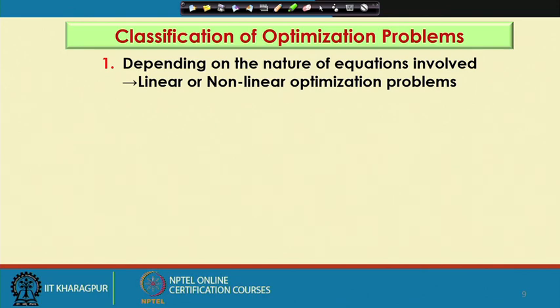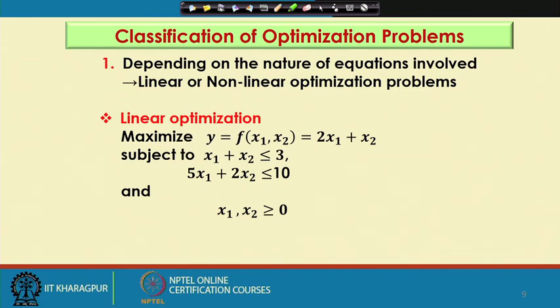One is called the linear optimization problem, another is called the nonlinear optimization problem. By linear optimization problem, we mean that both the objective function as well as the functional constraints should be linear functions of the design variables. For example, here, our aim is to maximize y as a function of x1 and x2, that is nothing but 2x1 plus x2.